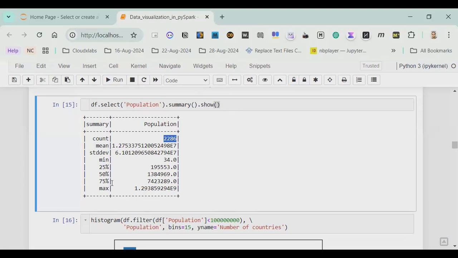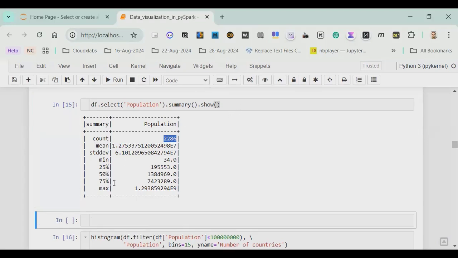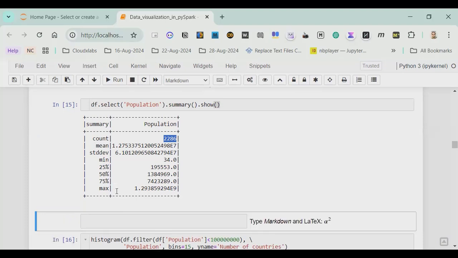So I just want to create one markdown here to explain in a better way. First, take count. The count function is what we have to understand.